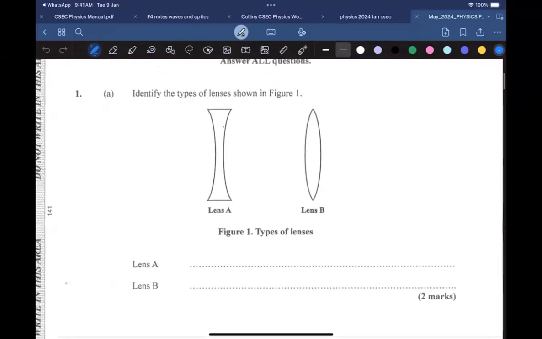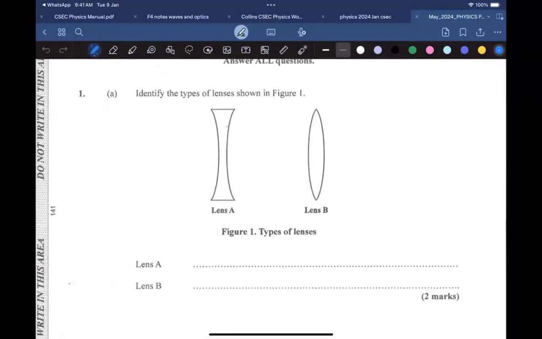So I mean this first question, they should eat it up. It's like nothing. Tell me fast, what is Lens A? A concave lens. A concave lens is also known as a divergent lens.